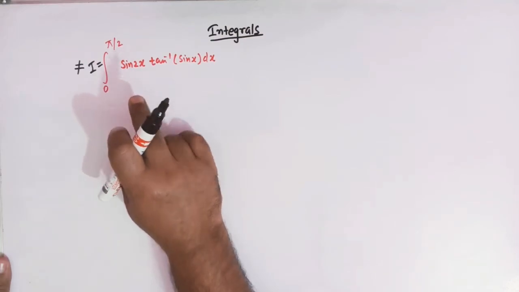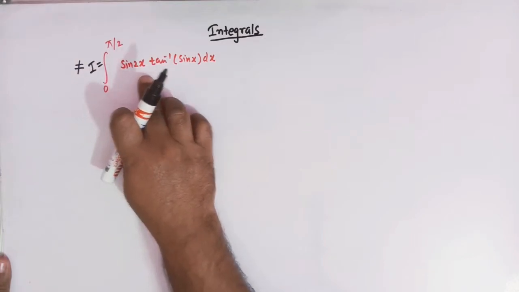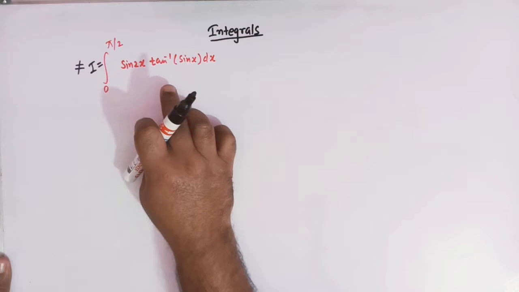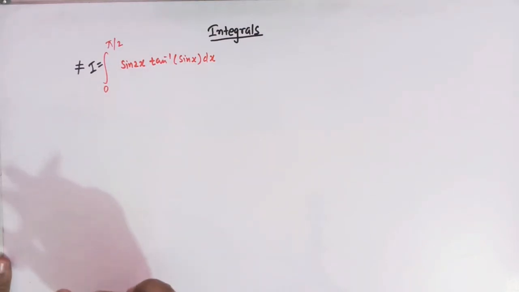And to calculate the integral of the product of two functions, we'll make use of the method of integration by parts, right? So basically this integral would be solved first by making the use of method of substitution, and then we'll make use of integration by parts, right?